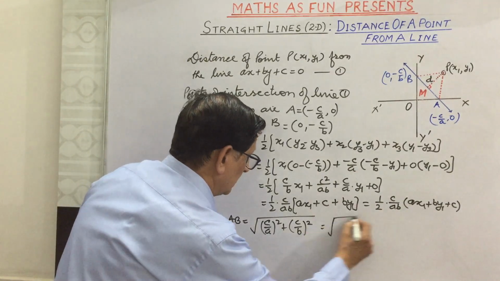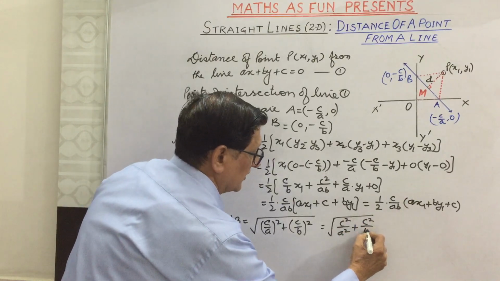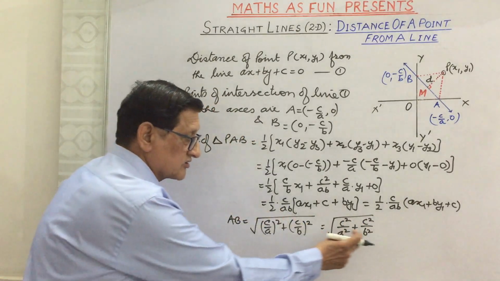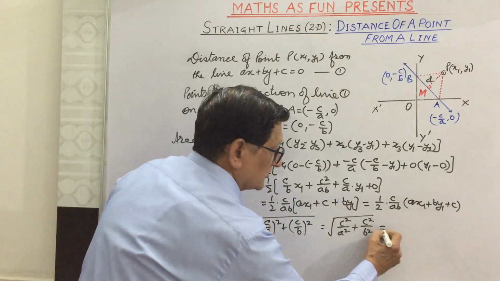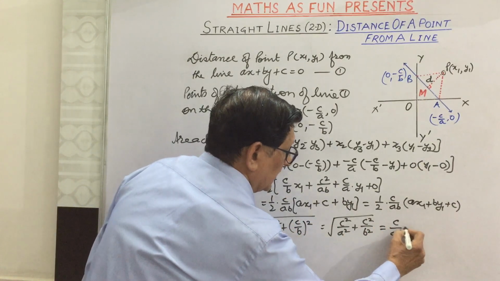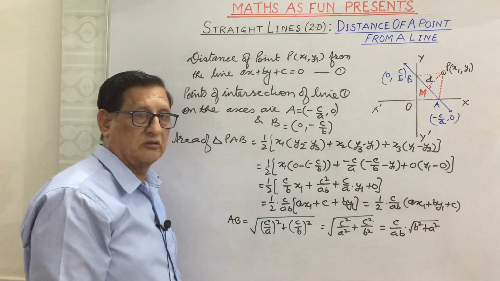This is equal to root of C square upon A square plus C square upon B square. If we take A square into B square LCM and C square is common, this will be C upon AB into root of B square plus A square.